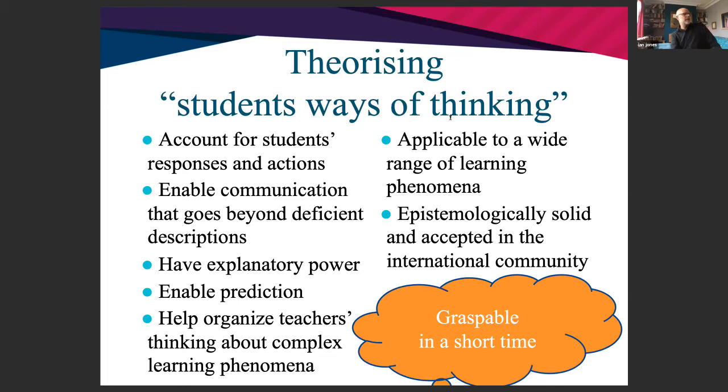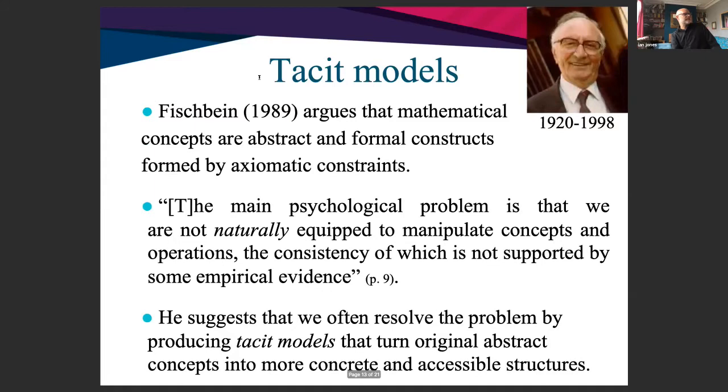And so the theoretical ideas we're going to use come from Fischbein. An old theory, but a good one, tried and tested. And Fischbein talked about how mathematical ideas, with their abstraction and their axiomatic constraints, are not very intuitive for us human beings, perhaps.